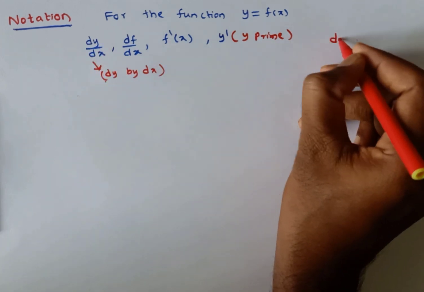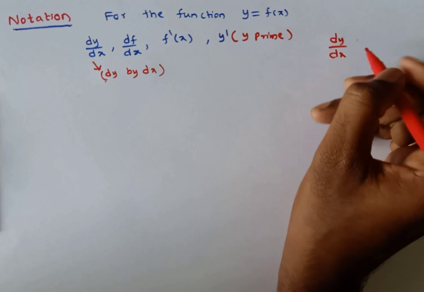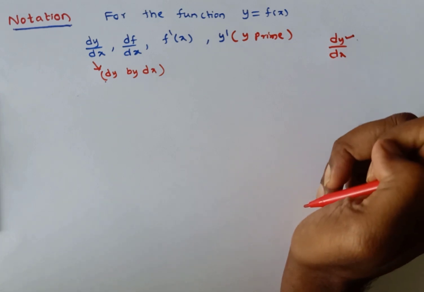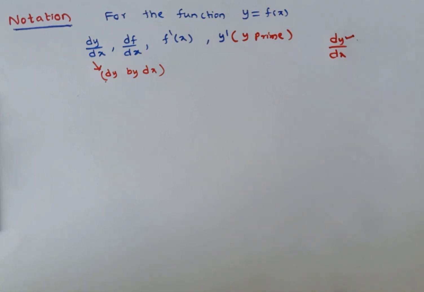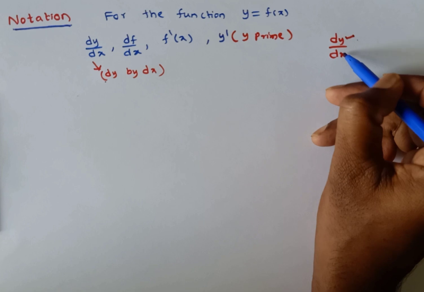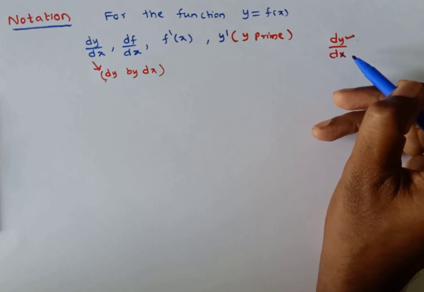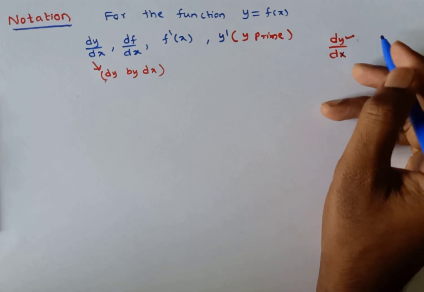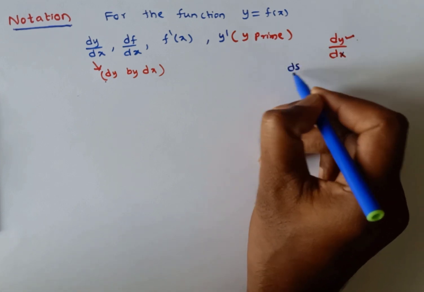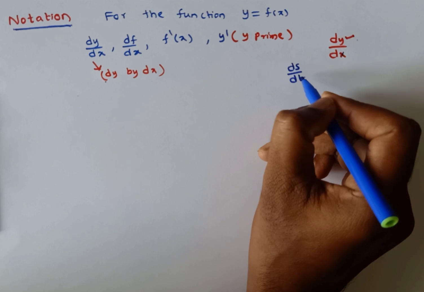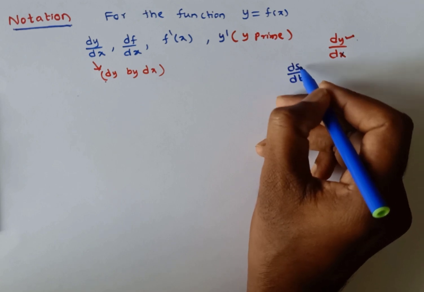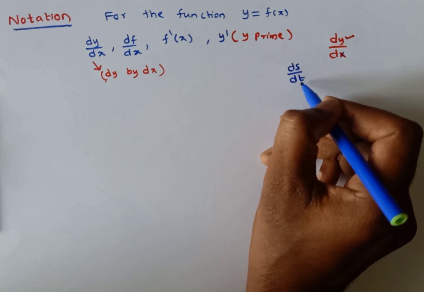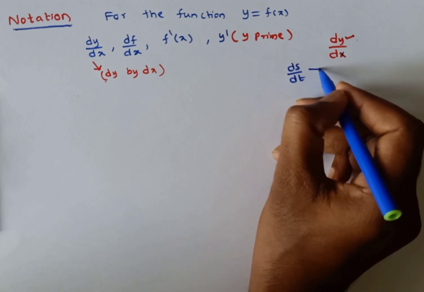Where dy by dx, or d by dx of y, means the rate of change in y with respect to x. Similarly in velocity, the change in position with respect to time is ds by dt, which indicates the rate of change in s with respect to t. So this indicates the velocity.